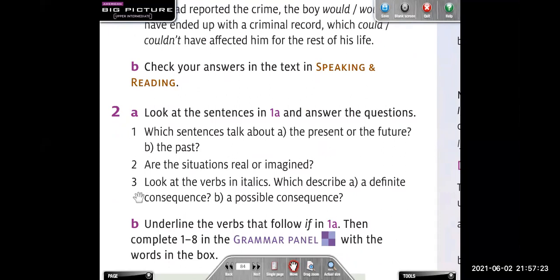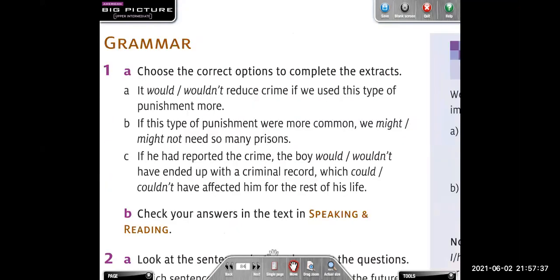And the last one, it says, look at the verbs in italic and describe which describe a definite consequence and a possible consequence. Which one is a possible consequence? Aquí subrayamos the paragraph B. B, right?